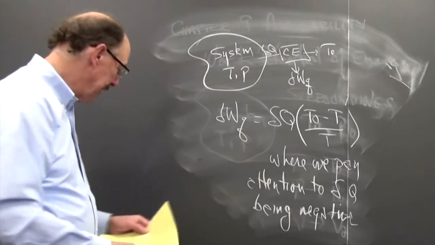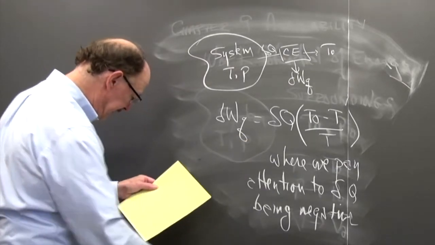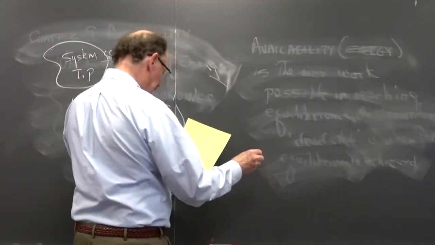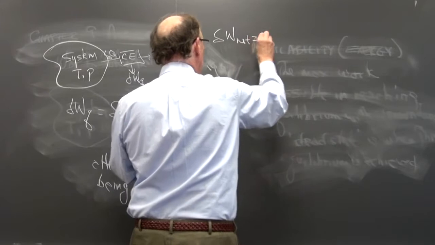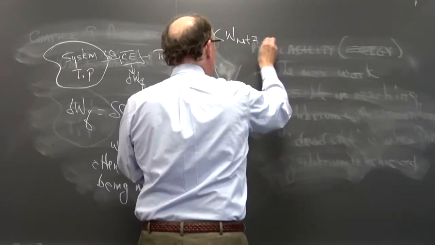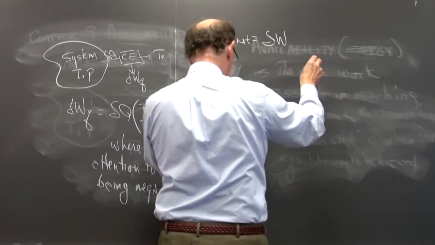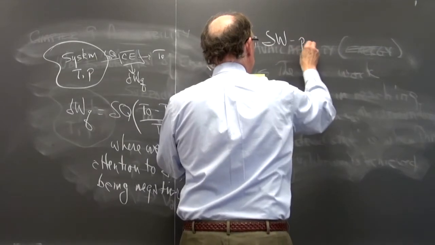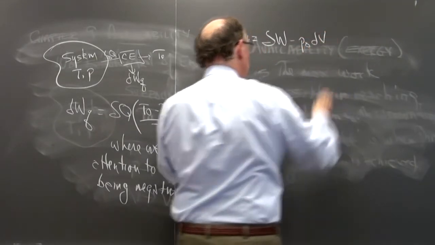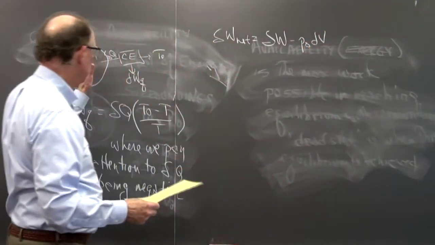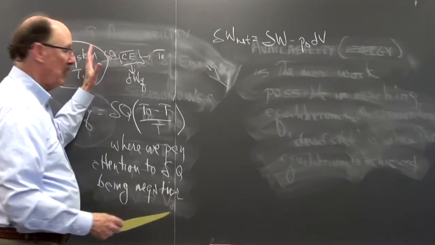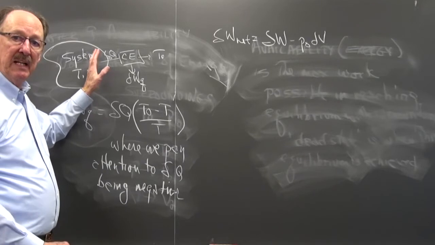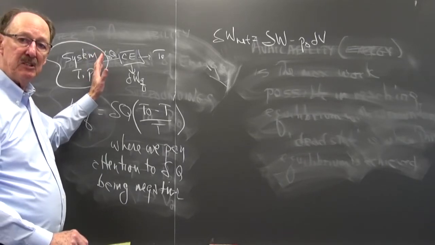And then what we can write is an equation for the net work. So I'm going to have del W net is equal to del W, and I'll explain that, minus P0 dV. And we'll talk about this because I have to displace the surroundings. When we introduced net work in chapter 6, we had to displace the surroundings.